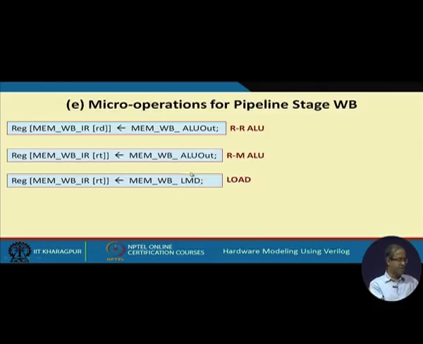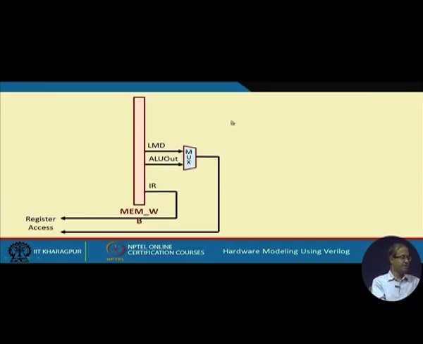For load, LMD will be stored in RT, fine. So, here your WB is nothing but a multiplexer where you will be selecting either LMD or ALU out depending on the control signal, and it will be going to your ID stage. So, this IR will contain which register number and this will contain what is the data.